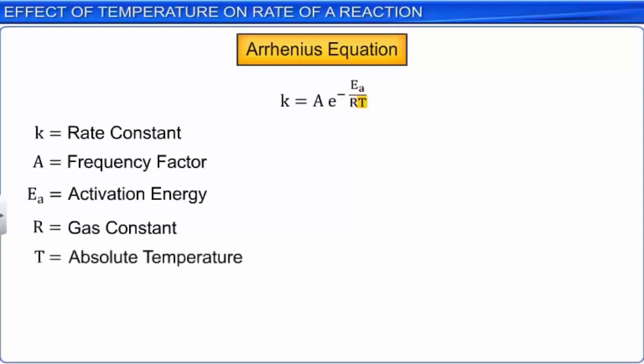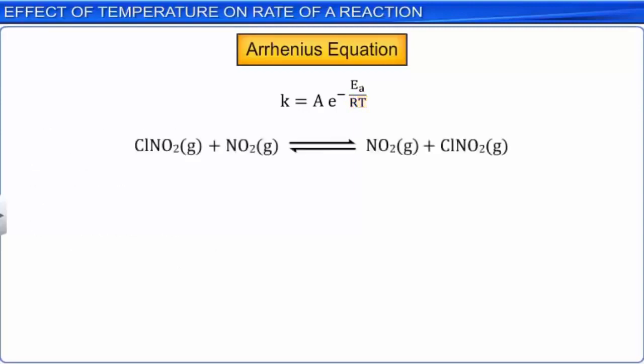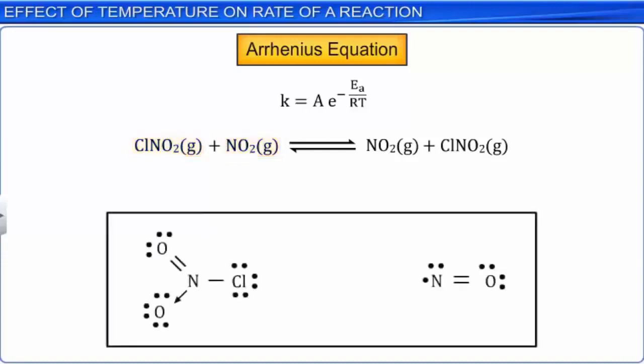To understand this better, let us consider the reaction between chlorine nitride and nitric oxide. In this reaction, a chlorine atom is transferred from one molecule of chlorine nitride to a molecule of nitric oxide.